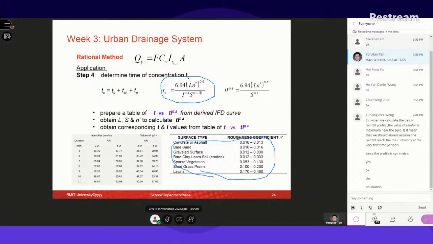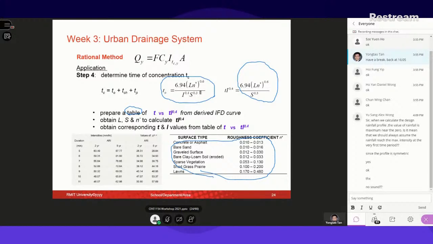So with L, S and N, you can get the T times I to the 0.4 power value. Then you can get the corresponding T from the table. First, you get the table, then you calculate the value, and then you get the time.